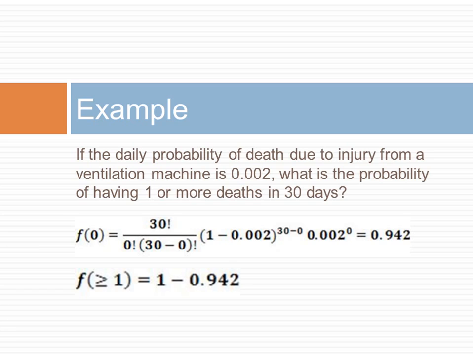The probability of survival is 0.998, and we expect 30 days of survival. The probability of death is 0.002, but we expect no one to die. So the probability of 0 deaths is given as 0.942. So the probability of having 1 or more deaths is 0.058.